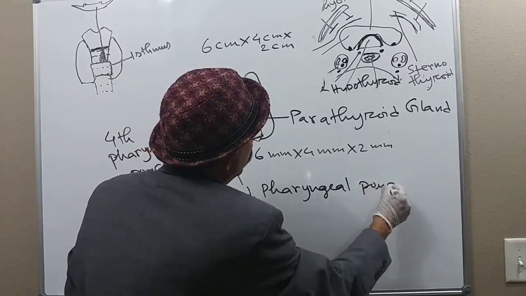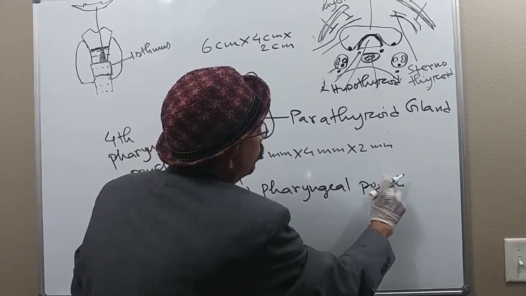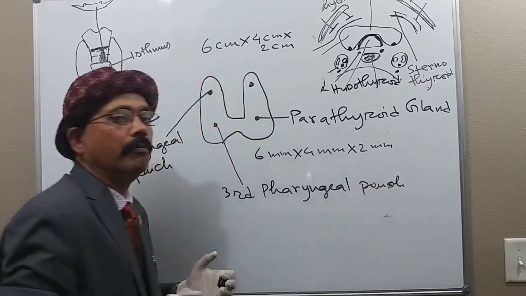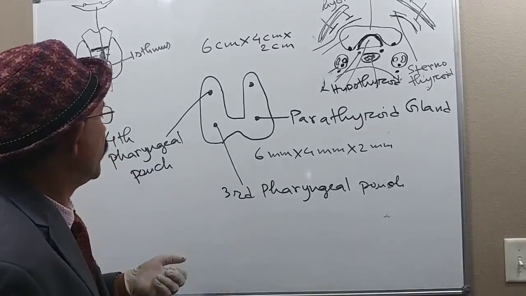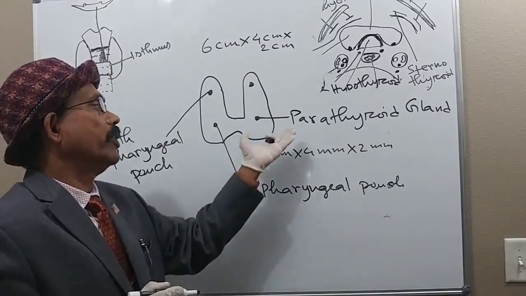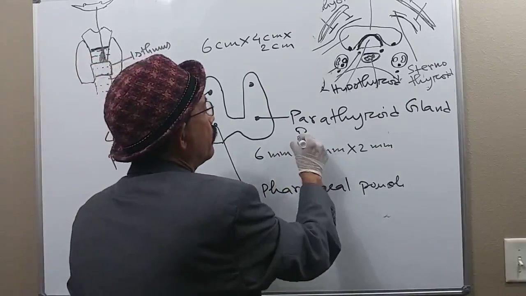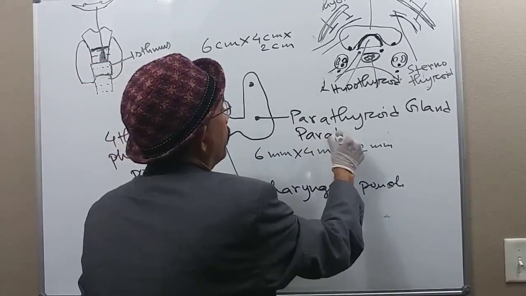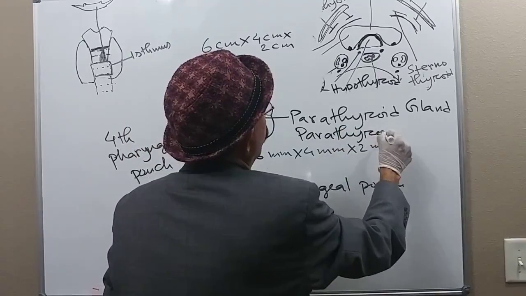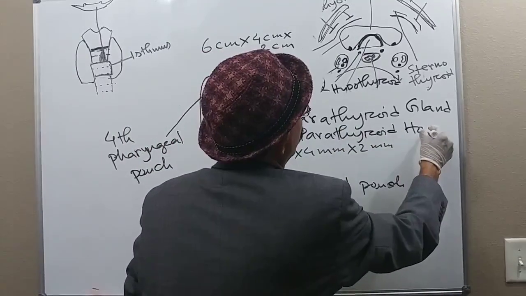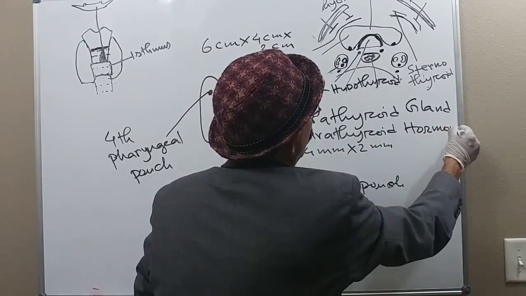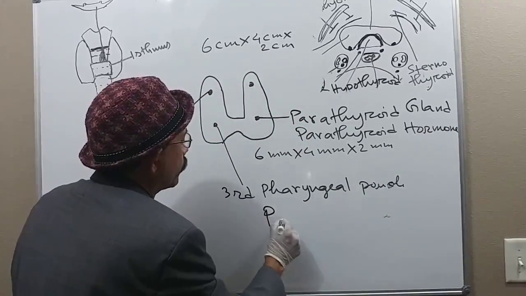The pharyngeal pouch is also called the branchial pouch, the same thing. What is the purpose of the parathyroid gland? They release a hormone we call parathyroid hormone, also called parathormone.